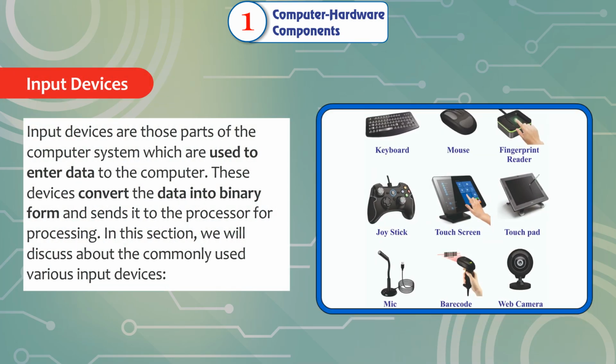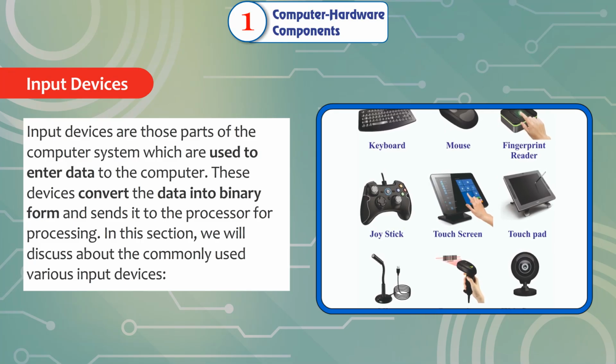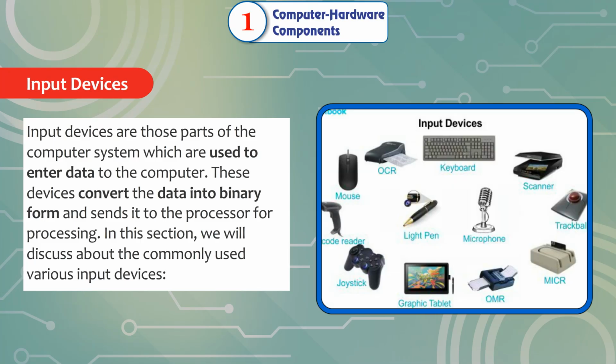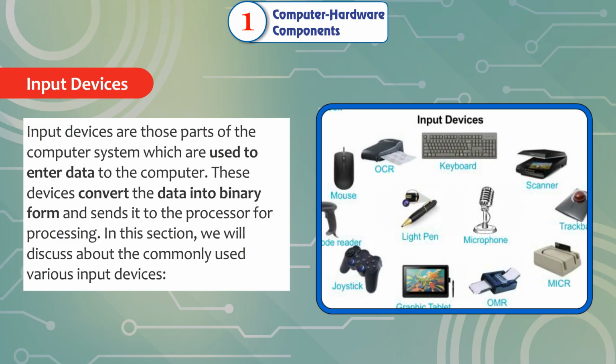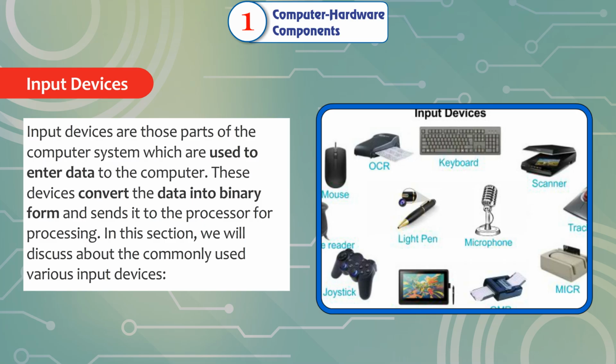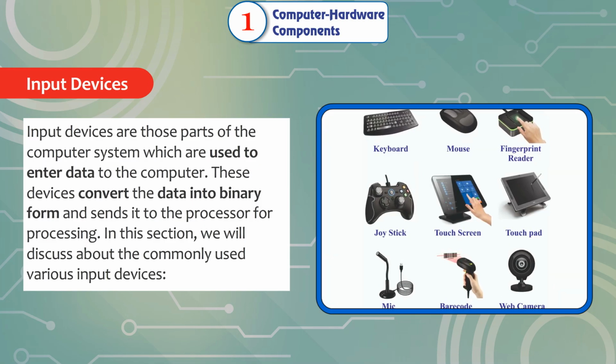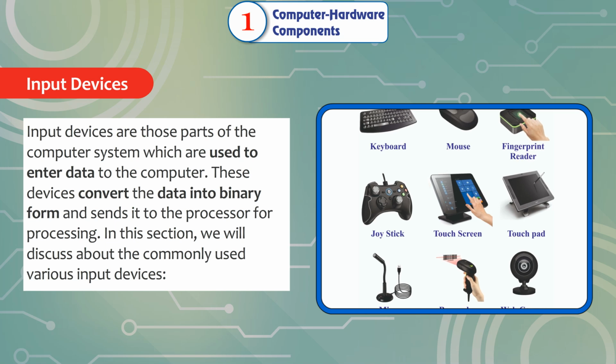Input devices are those parts of the computer system which are used to enter data to the computer. These devices convert the data into binary form and send it to the processor for processing. In this section, we will discuss the commonly used input devices.